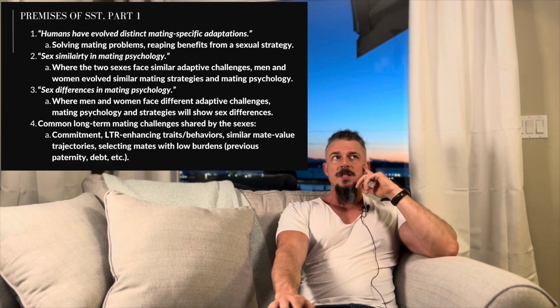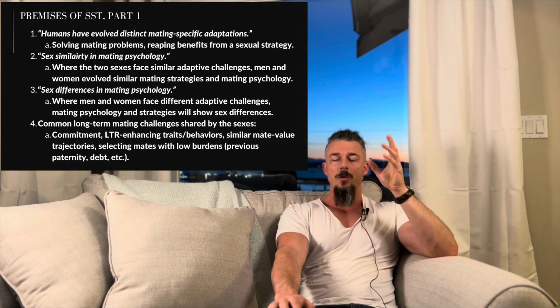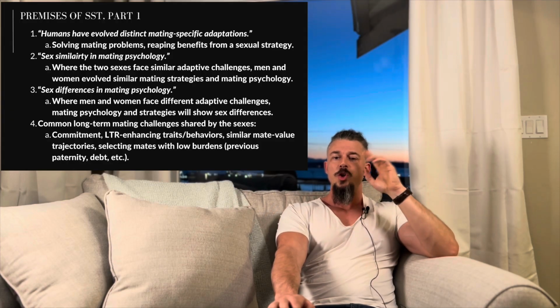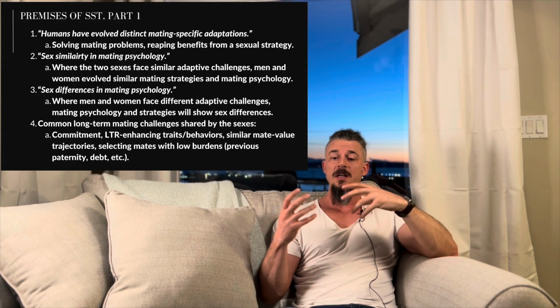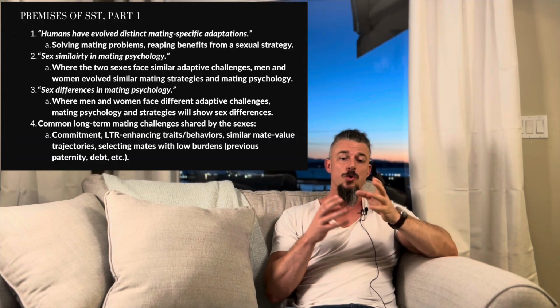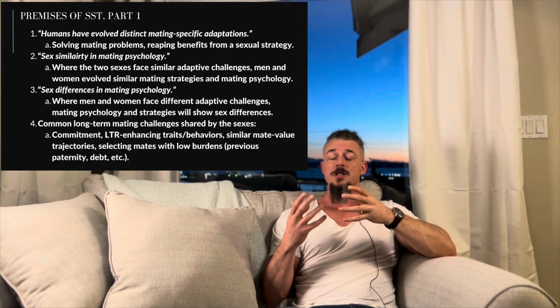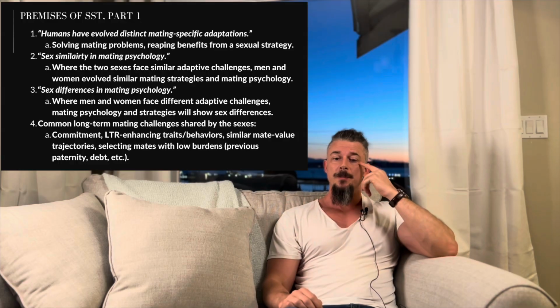Well, let's go on. So some premises here of sexual strategies theory, going through this, just kind of quoting from this chapter. Premise 1: Humans have evolved distinct mate-specific adaptations, okay? So these are adaptations we've evolved to solve mating problems and reaping benefits from a given sexual strategy, short-term, long-term, more specific sexual strategies, whatever the case may be.